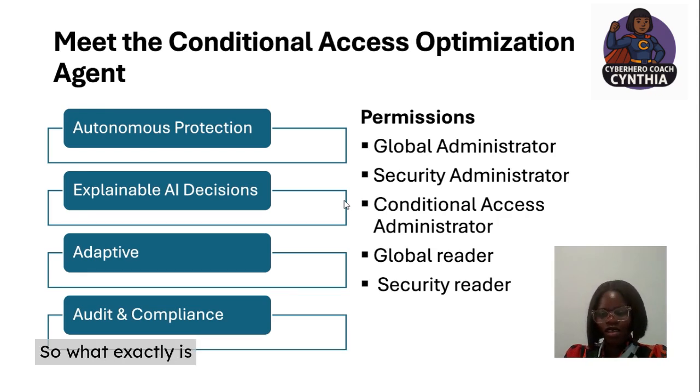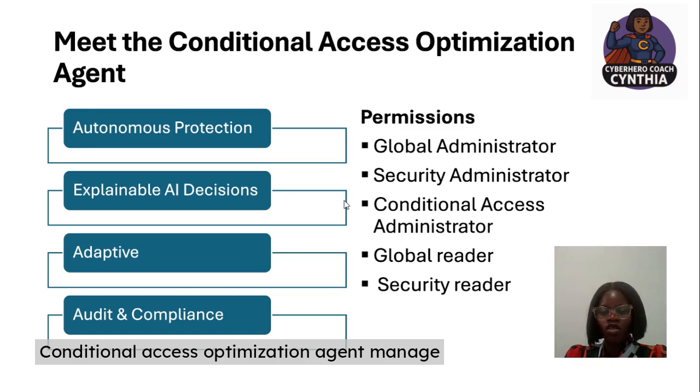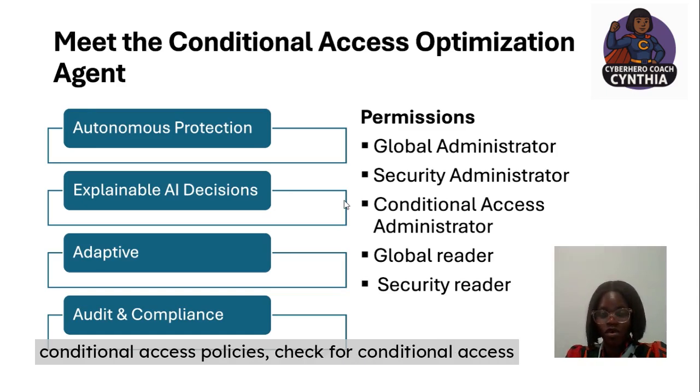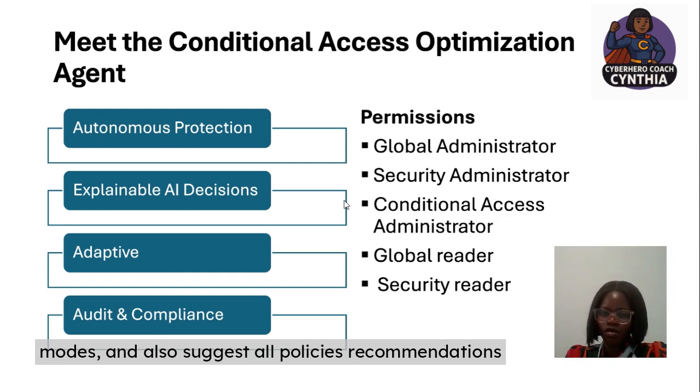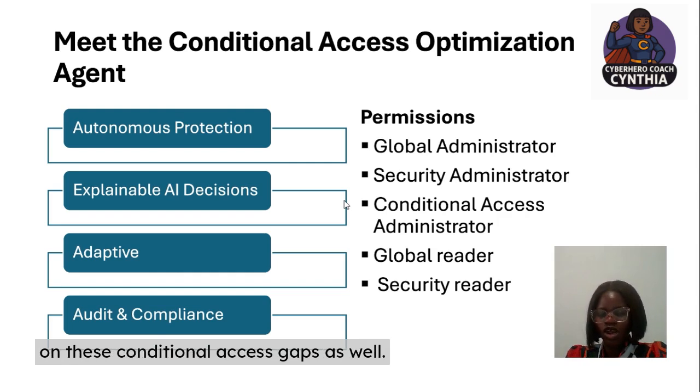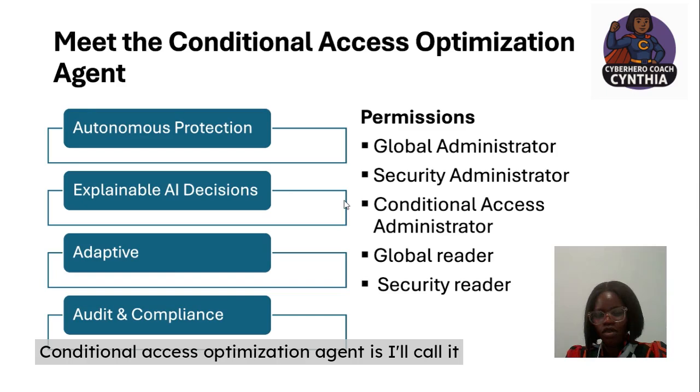What exactly is the Conditional Access Optimization Agent? It manages conditional access policies, checks for conditional access gaps, creates policies on our behalf in report mode, and also suggests policies and recommendations on these conditional access gaps.